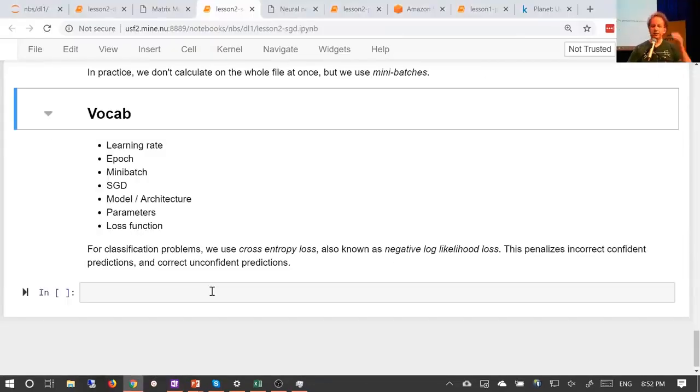The architecture is the mathematical function that you're fitting the parameters to. And we're going to learn either today or next week what the mathematical function of things like ResNet 34 actually is. But it's basically pretty much what you've just seen. It's a bunch of matrix products. Parameters, also known as coefficients, also known as weights, are the numbers that you're updating. And then loss function is the thing that's telling you how far away or how close you are to the correct answer. Any questions?